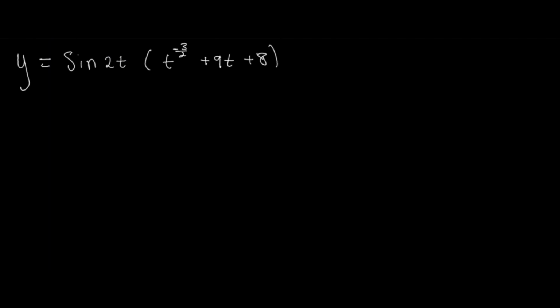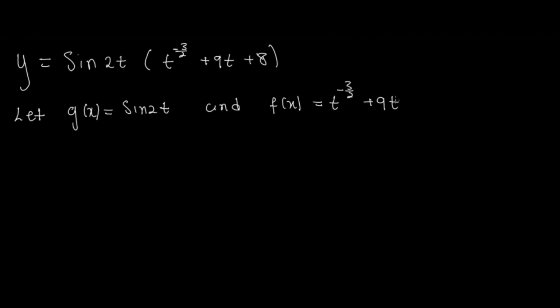So here we're going to say let g of x equal sine 2t, and let f of x be equal to t to the power 3 over 2 plus 9t plus 8.